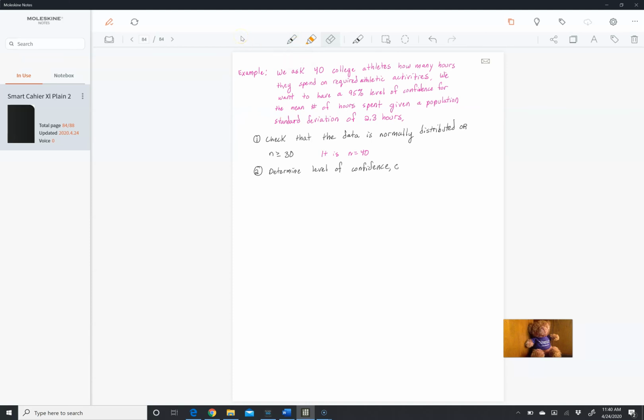They're saying, come up with an interval and a confidence level. In this case, it tells you that you have a 95% level of confidence. So what is c equal to? c is equal to 0.95.